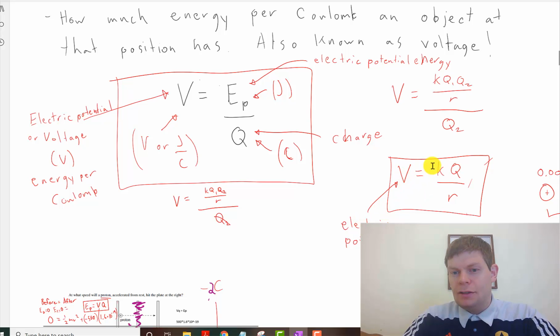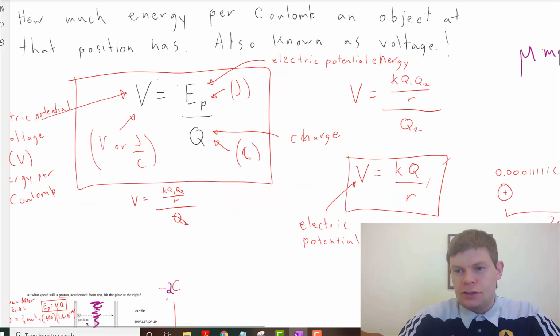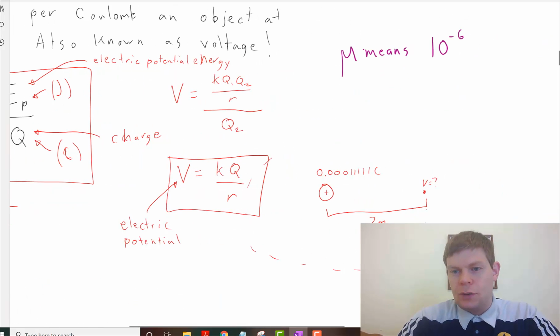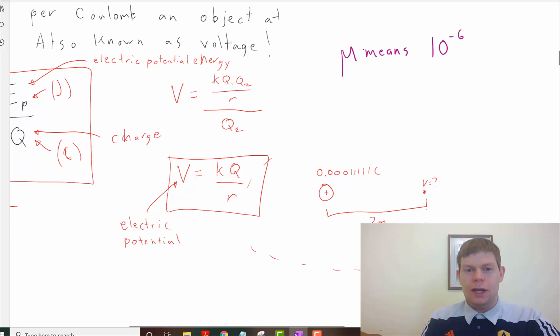And then this guy right here is what happens when you take your formula for potential energy and then divide by the charge in the field. You're left with the charge causing the field, and so your electric potential, your voltage, is equal to just KQ over R. And again, it's a scalar, so we could have some crazy arrangement and it will end up working the same.